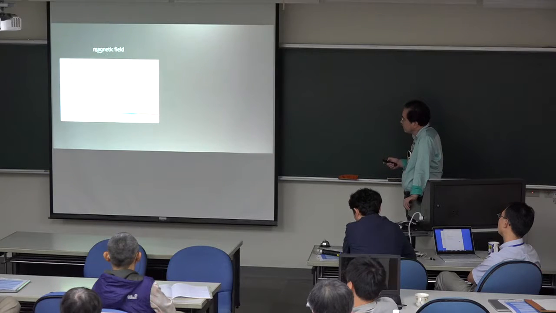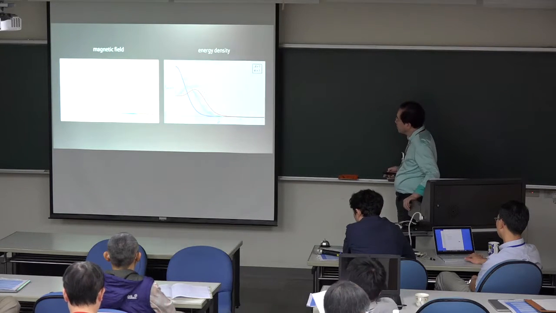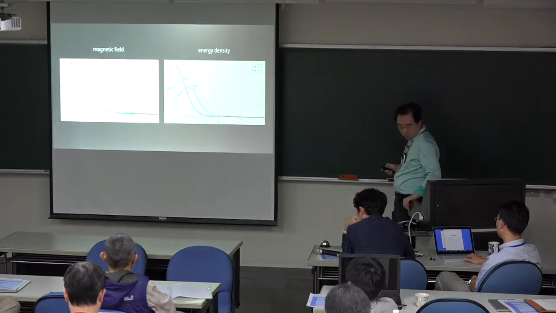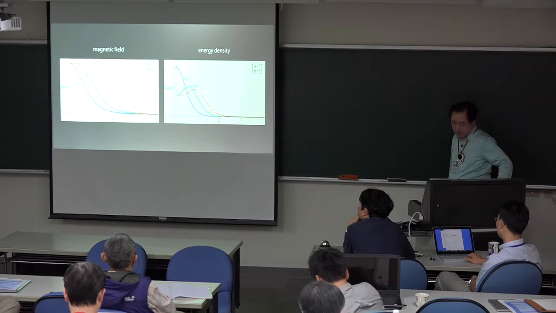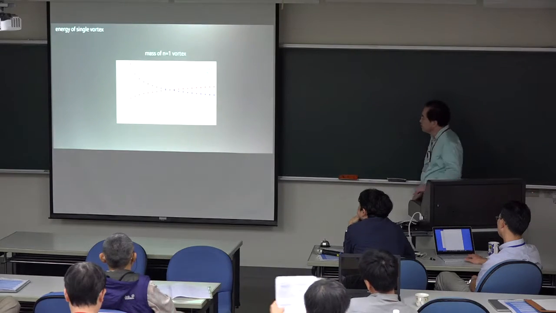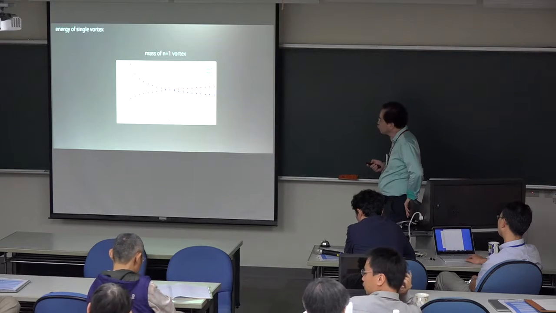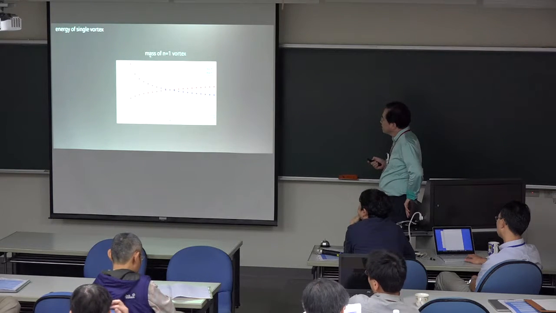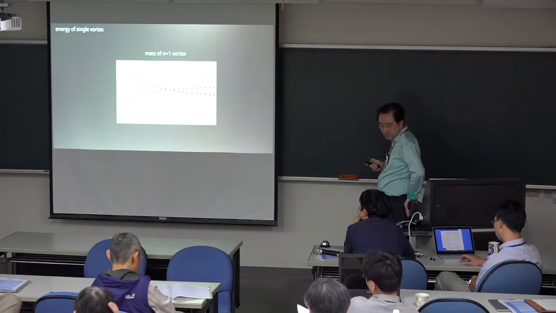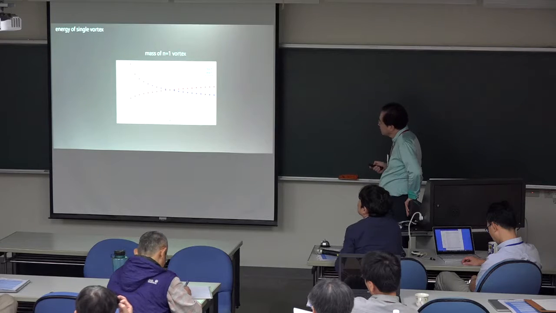If I look at the magnetic field, the magnetic field is concentrated near the vortex point, and the energy density looks like this. Then if I integrate the solutions, I get the mass, meaning rest energy, of the n equal to 1 vortex.